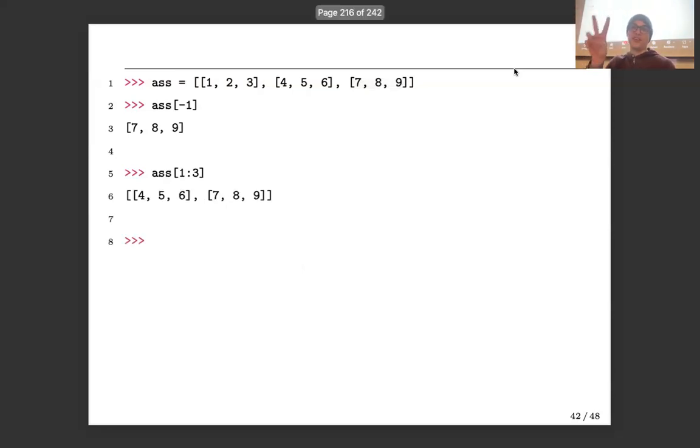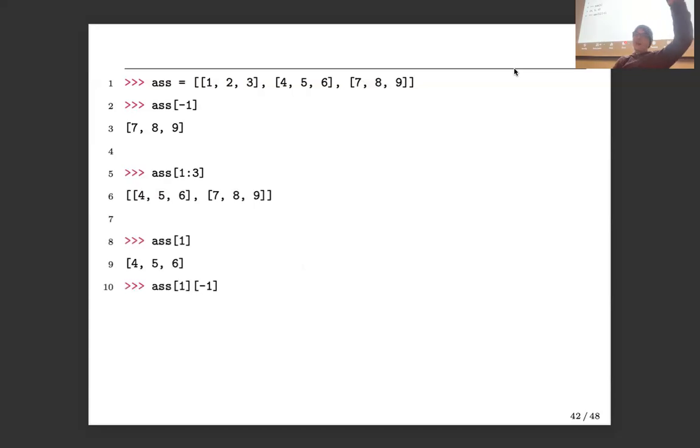So this is going to give me 2 things back, but 2 things that are themselves comprised of 3 things, right? So I need you to see the inside of these lists as like an atomic unit. As of 1 is 4, 5, and 6. If I say as of 1, that gives me 4, 5, 6. And then I can do a secondary index on that to say, what is the -1th index of the first thing indexed? And that's going to be 6.